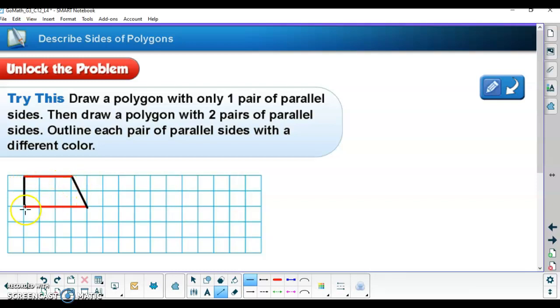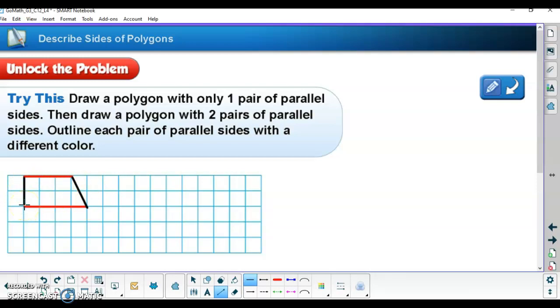So it's not the same space in between these two lines. This one has more squares, and this one has less squares. So those are not parallel because there's not the same number of squares between them.